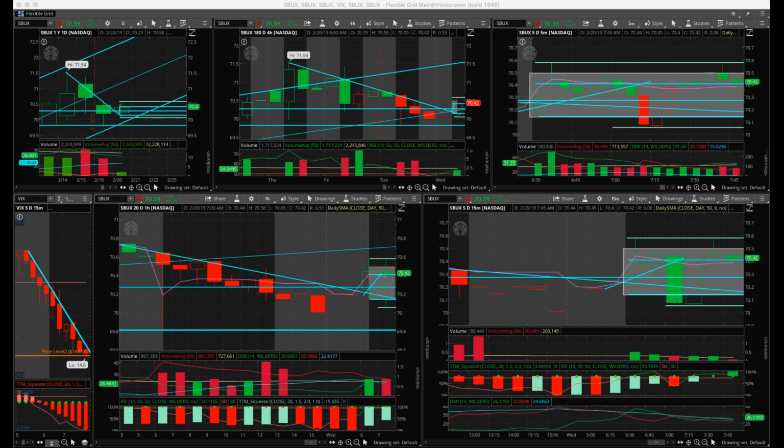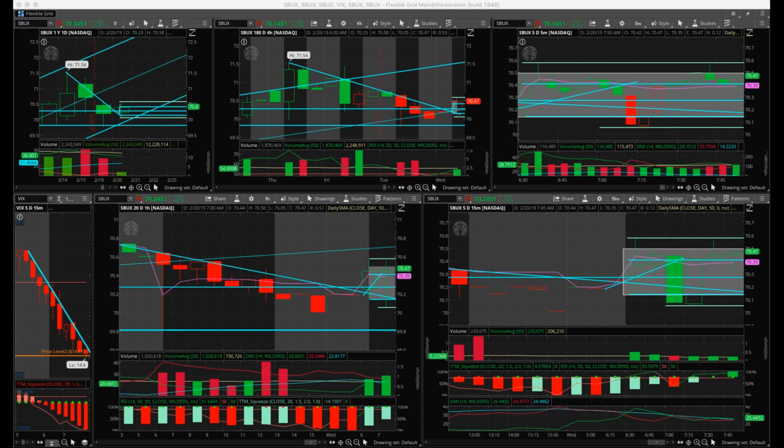Range bound pretty much. Okay, it looks like that candle's holding. VWAP's holding.